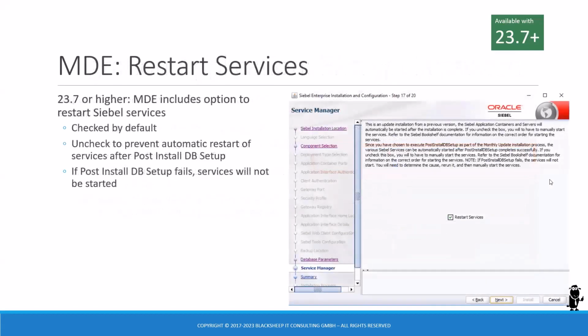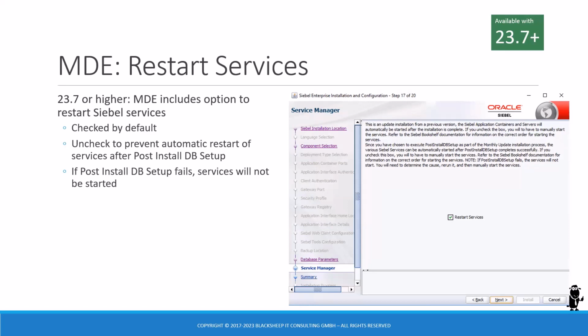Let's skip that. The MDE, yeah, starting in July, MDE got a few updates, especially that restart services option, 23.12 of course too. If you uncheck the flag, it no longer tries to restart your Siebel services. And it did that especially before that version. It did that even before post-install database setup was finished, so it didn't make any sense.